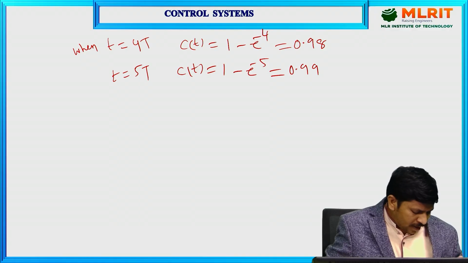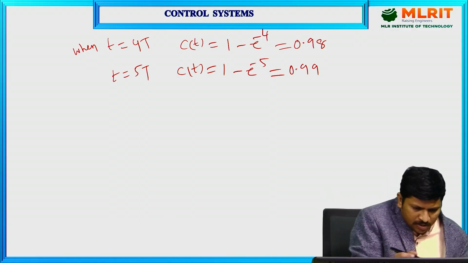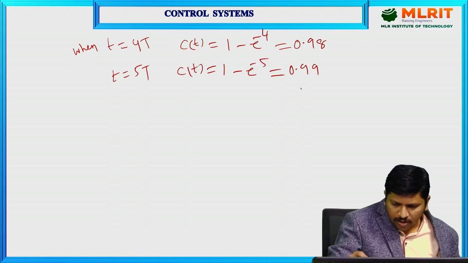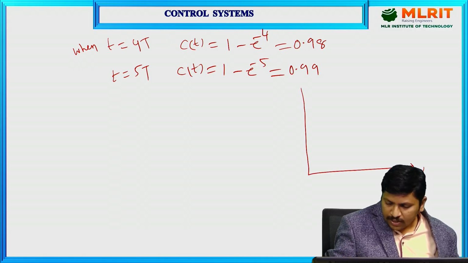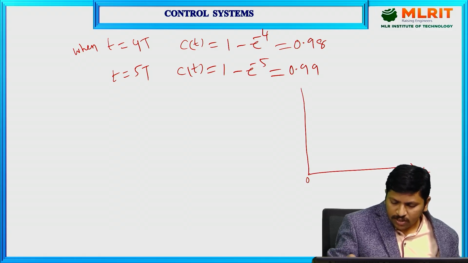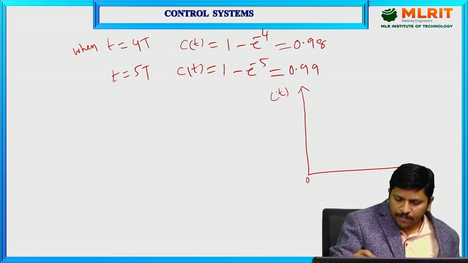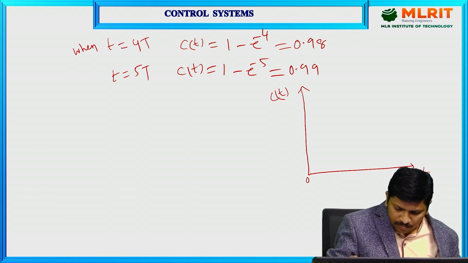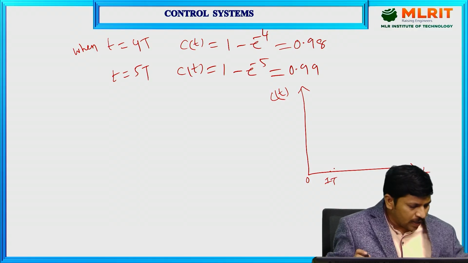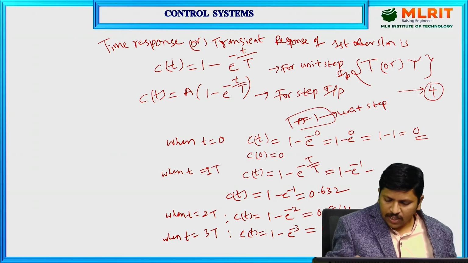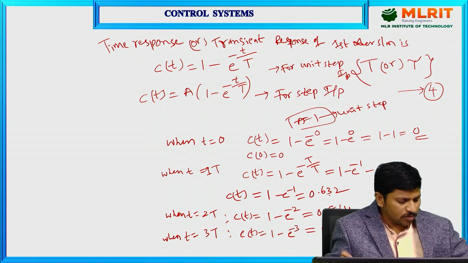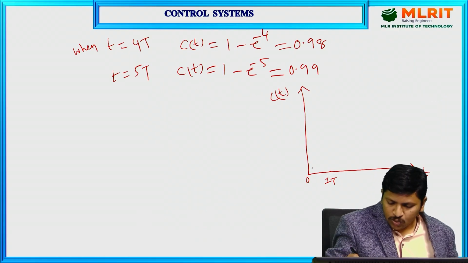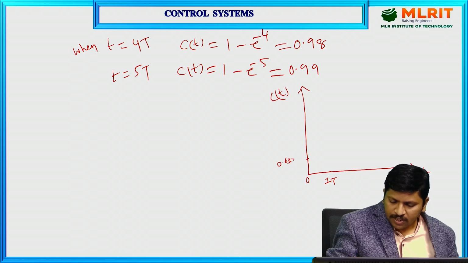Here, I am going to draw the graph. Observe, for the t value 0, the output C of t, the response for the input, is 0. For 1T you will get the value 0.632.